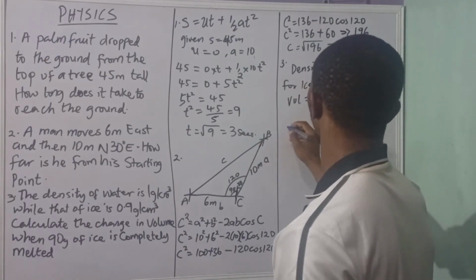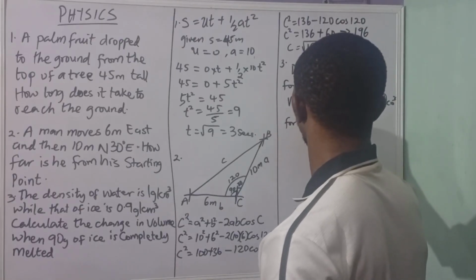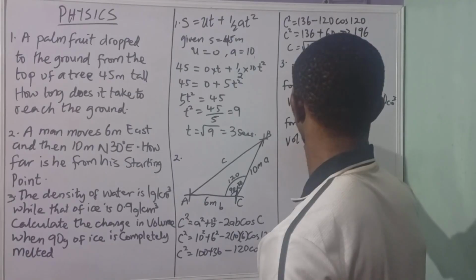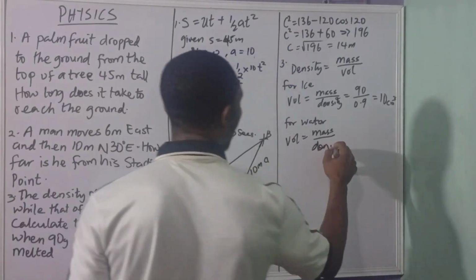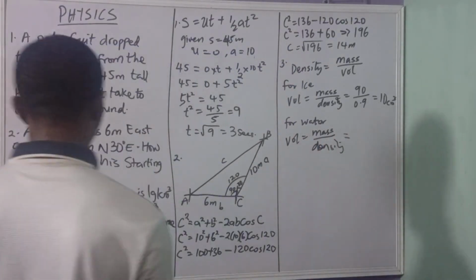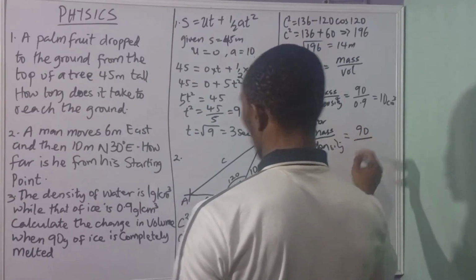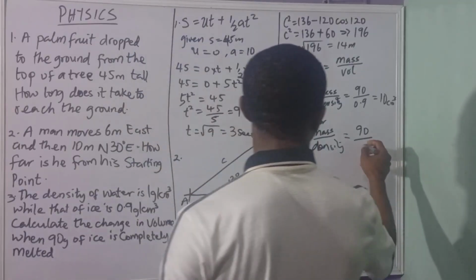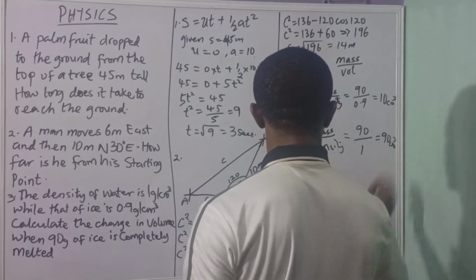Now for water, our volume will be mass over density. The mass is still 90, all over 1, which gives us 90 cm cube.